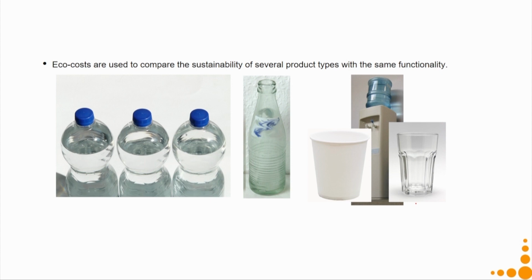All of them will release certain amounts of it. Now say product A, my PET bottle, is very high on carbon dioxide emission but very low on say eutrophication, or my product B is very high on acidification but it is low on carbon dioxide emission and eutrophication. How do we compare each of them?